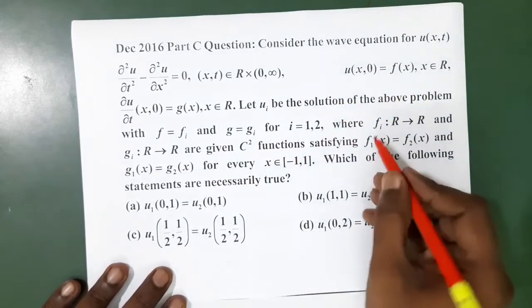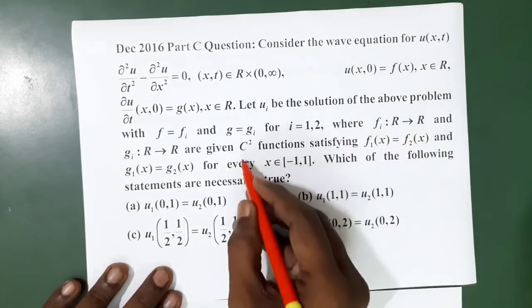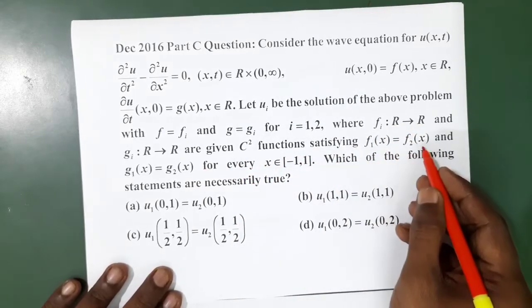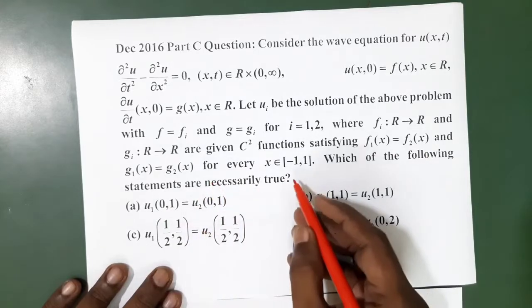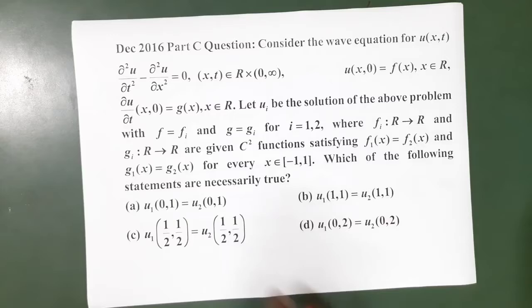So u1 and u2 are the two solutions, and f and g are C2 functions, and f1 is equal to f2, g1 is equal to g2 for every x in minus 1 to 1. Which of the following are necessarily true?